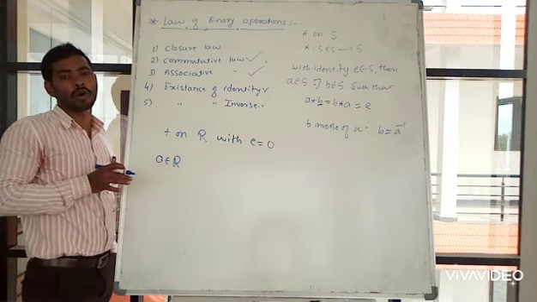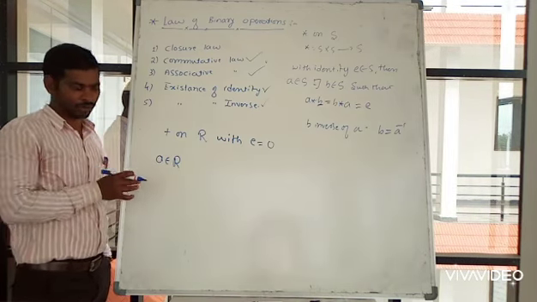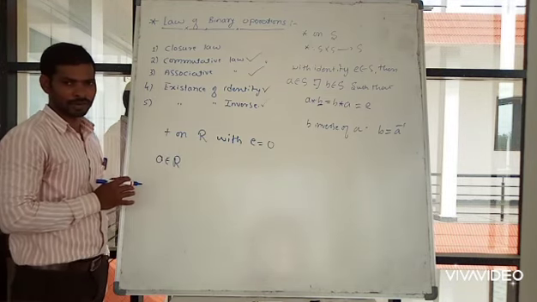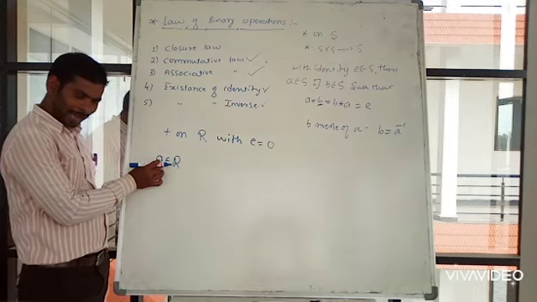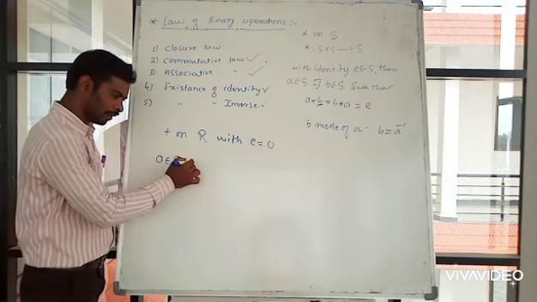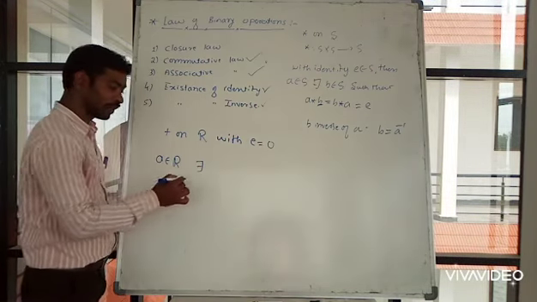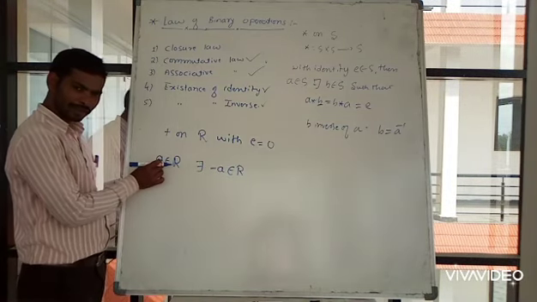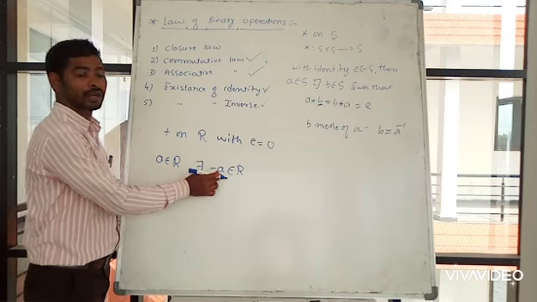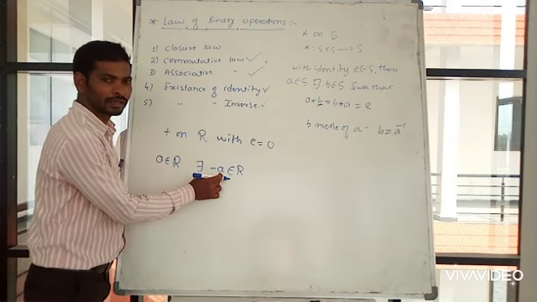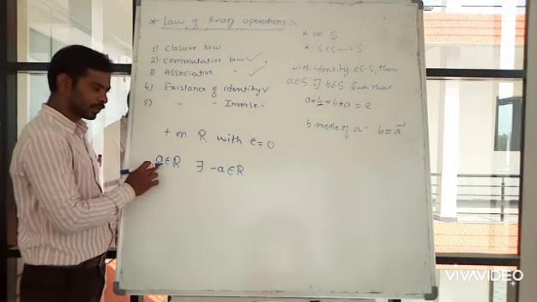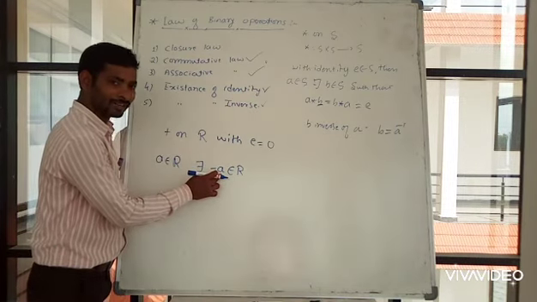What is the inverse of this element under this operation on the set of all real numbers? With respect to an element A in the set of all real numbers, there always exists a minus A in R. If A is equal to 1, then there exists an element minus 1. If A is 2, there exists minus 2; if A is 3, there exists minus 3, and so on.